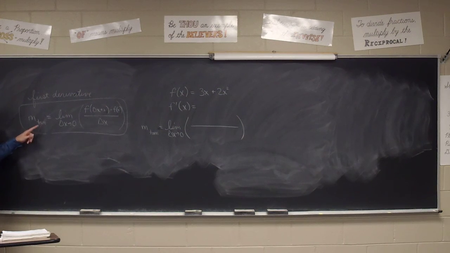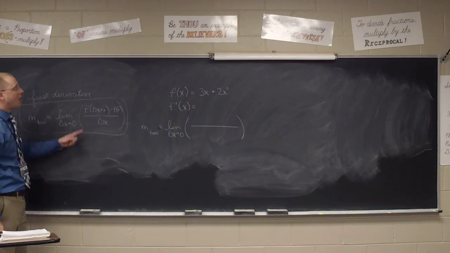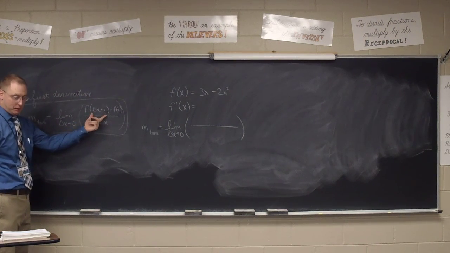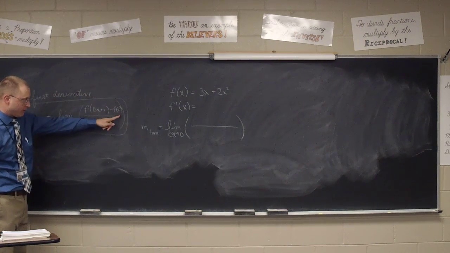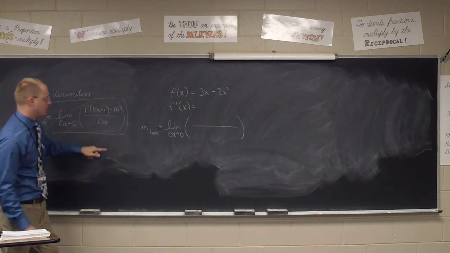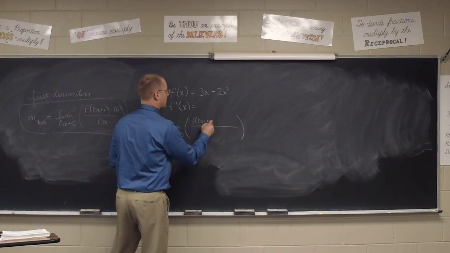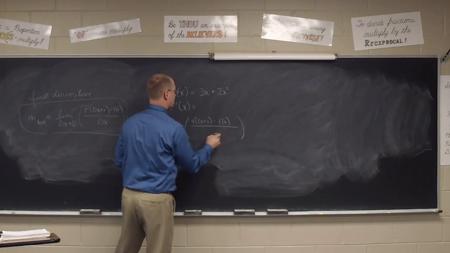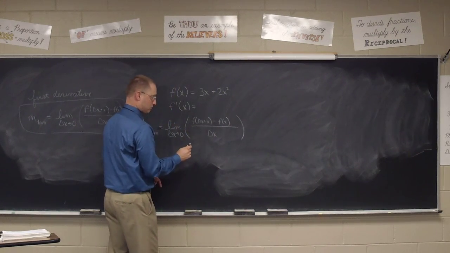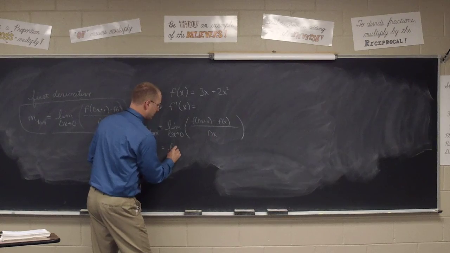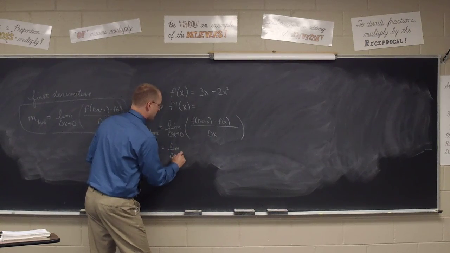So I'm going to have f of delta x plus x minus f of x all over delta x. Okay, so that's the limit as delta x approaches 0.